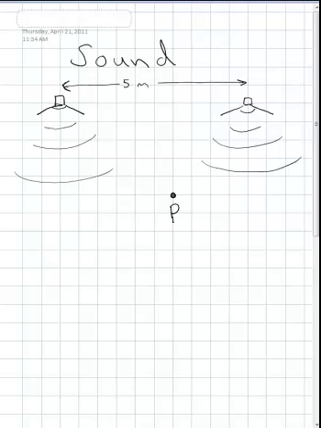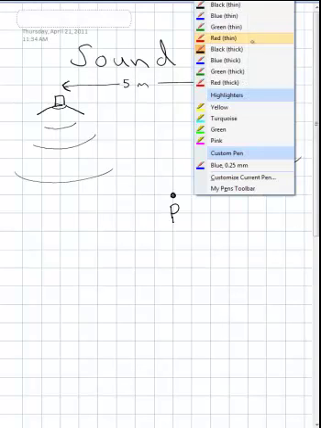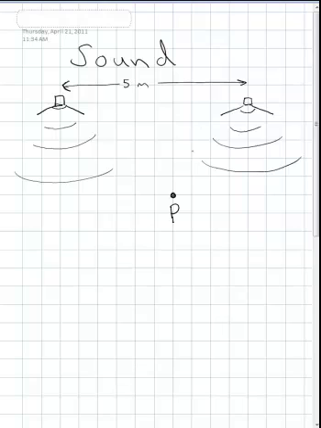So what we want to know is how many multiples of the wavelength it is from the speaker on the left to point P, and how many multiples of the wavelength it is from the speaker on the right to point P. And some of these distances are given. Let's just put them in here. Why don't I use blue for this distance?